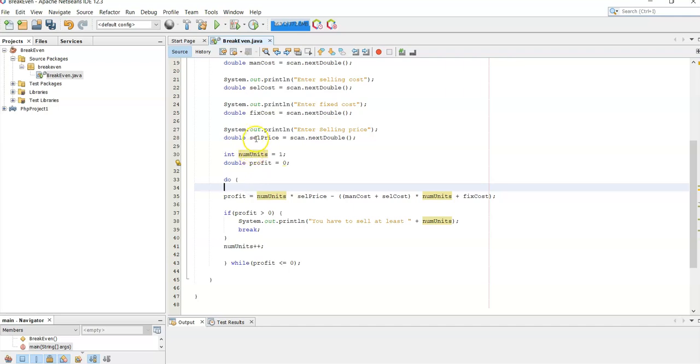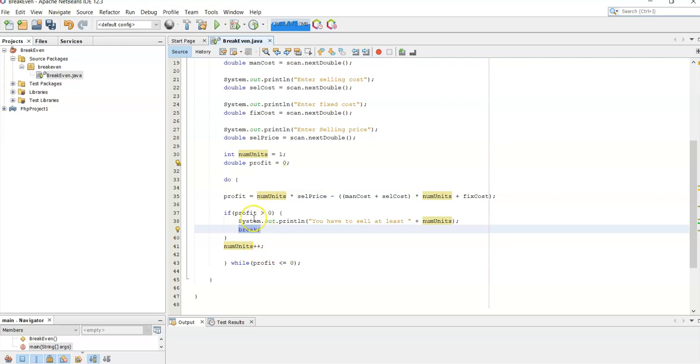So first, the program gets the information from the user, and then comes into the do while loop and calculates the profit according to the information that we receive from the user, and then checks if the profit is greater than 0. If it is, we don't have to increment the number of units because it's already greater than 0. So we will just say you have to sell this number of units, which means 1, and then I put a break here. It will come out of the loop, and then the program will end, right?